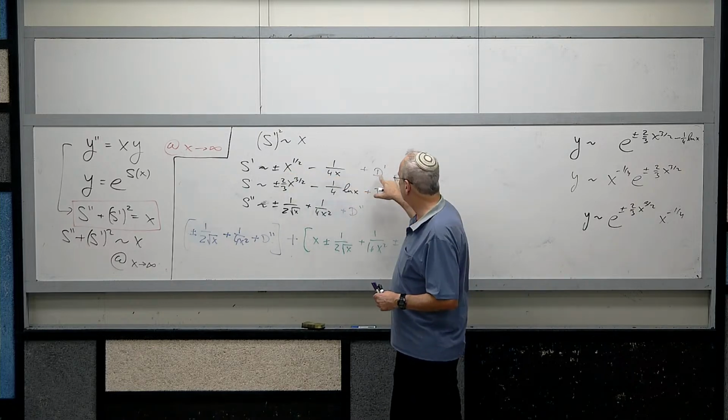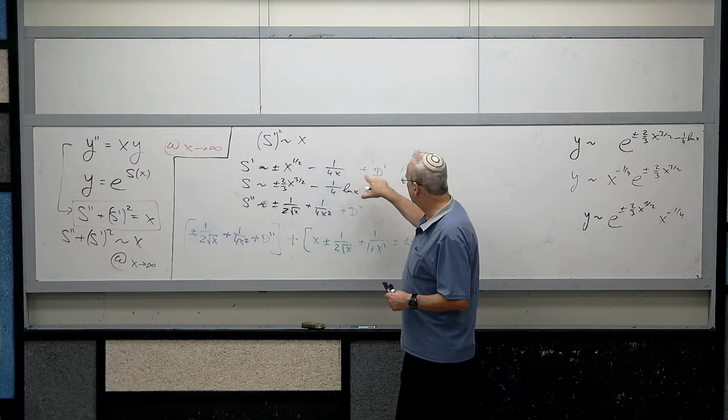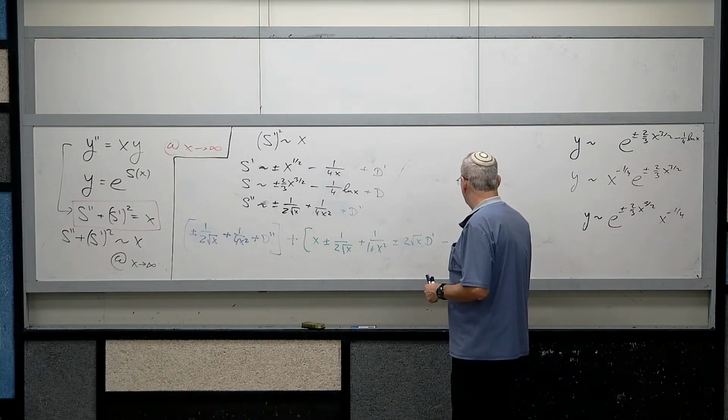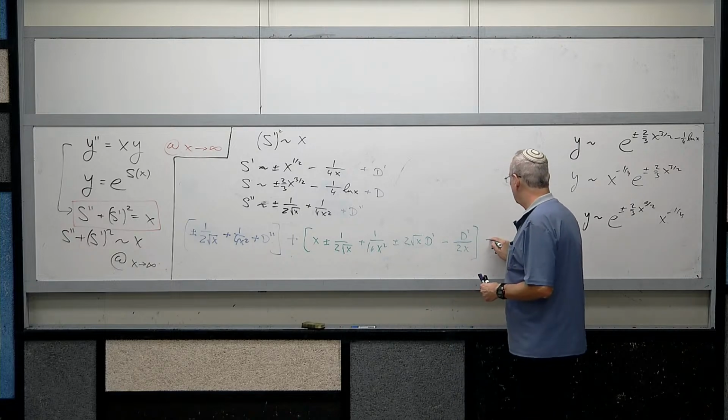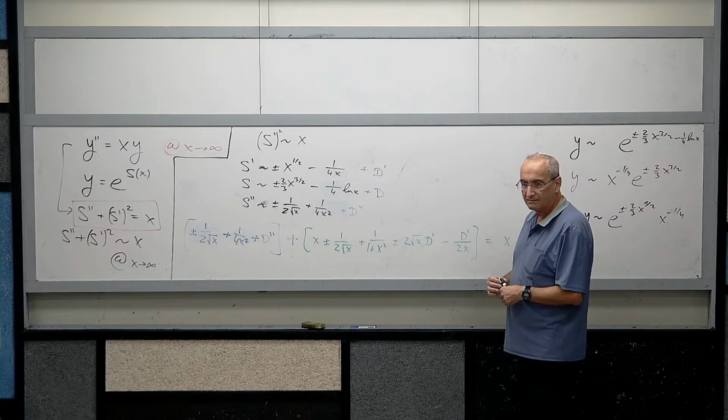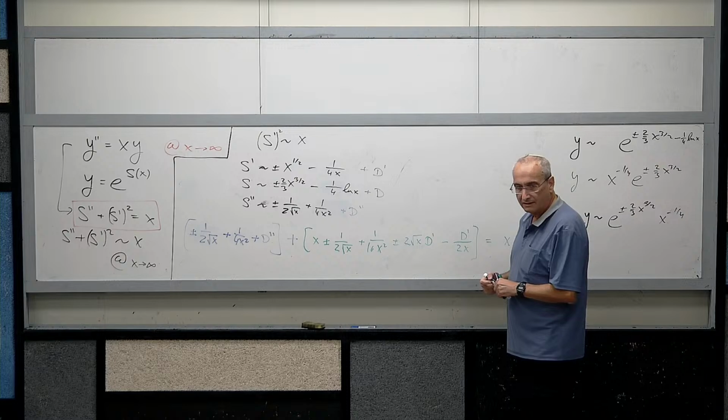I have this times that times 2. And I have this times that times 2. But okay, let's write it. So I have minus 1/2x d prime. All this should be equal to x. Again, the same thing. Right?